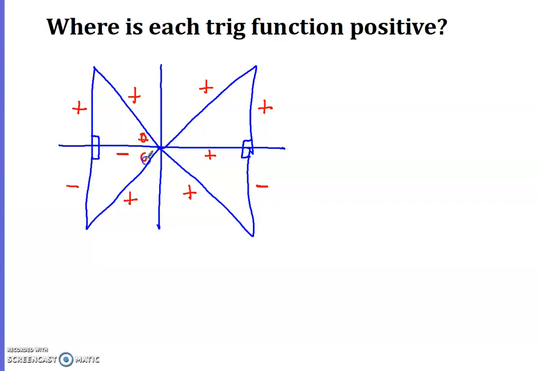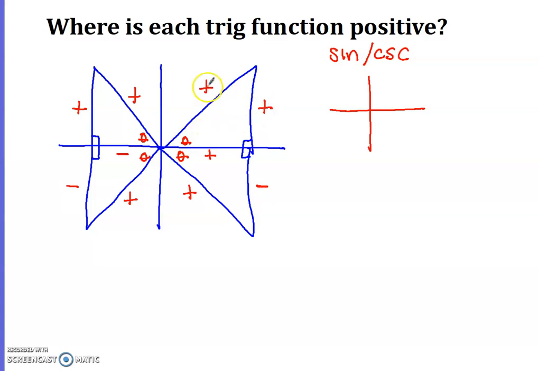Okay, so if we use our reference angle and we're to evaluate, let's just start with sine and cosecant. If I were to start in the first quadrant and I were to evaluate something, sine and cosecant go together because whatever the ratio is for sine, it's just the reciprocal for cosecant.